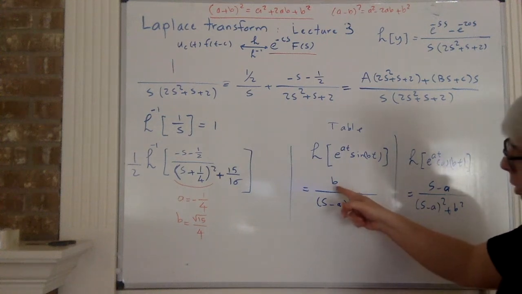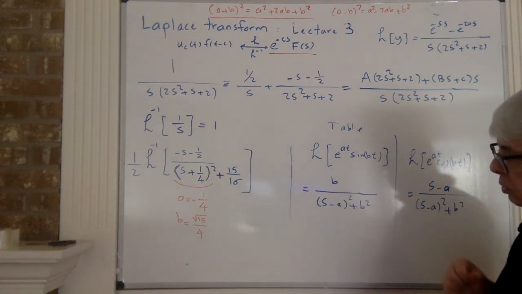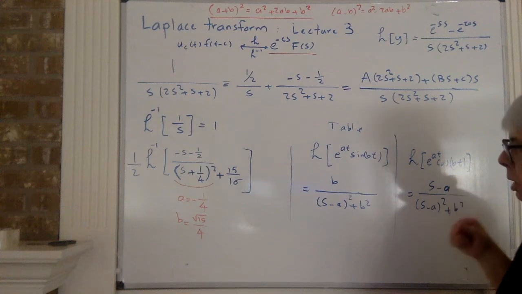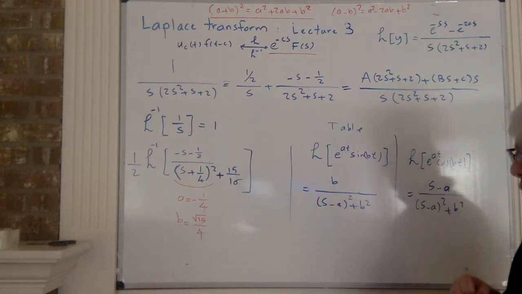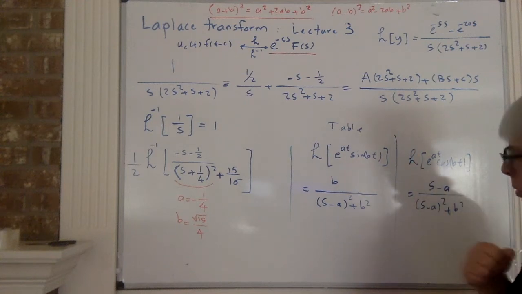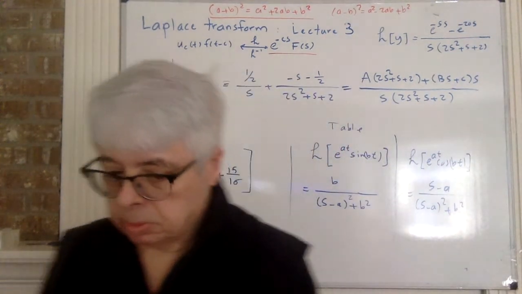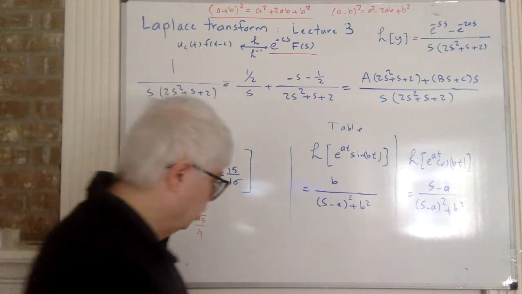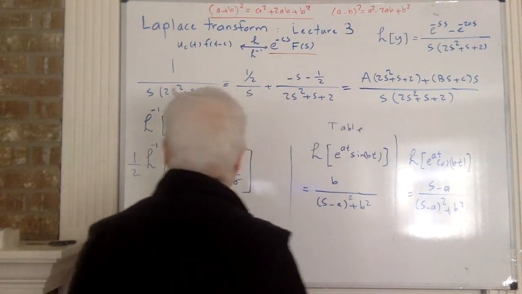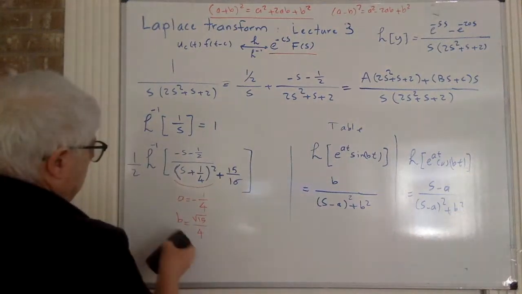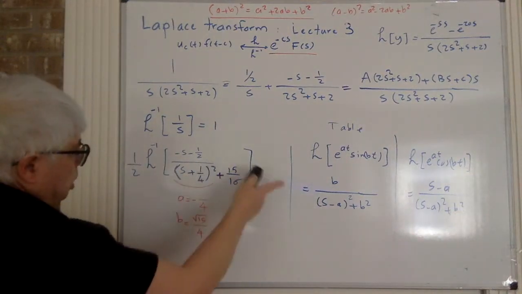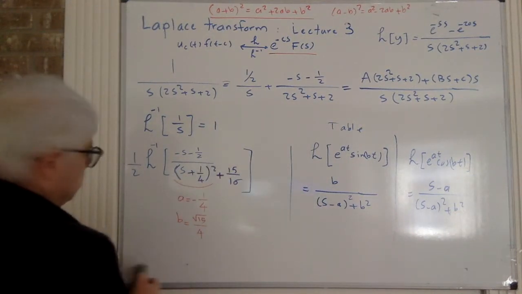So I need b on top, which is square root of 15 over 4, and I need s minus a, which is s plus 1/4 over there. Let's see if I can manipulate this to get those things.